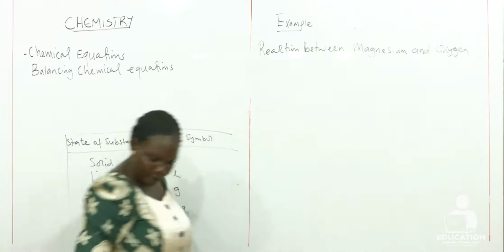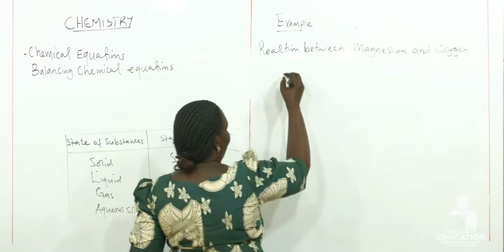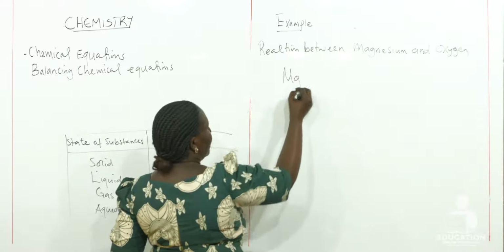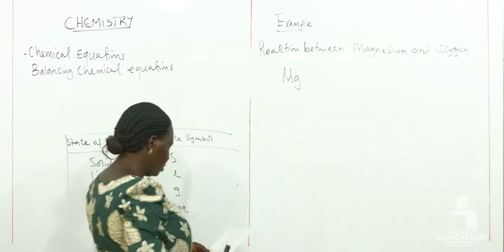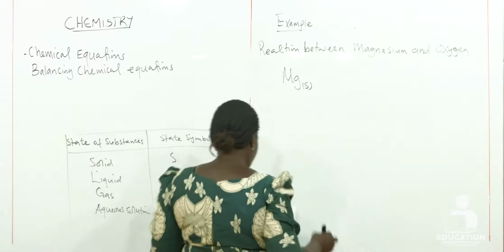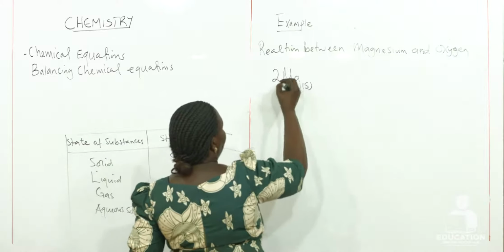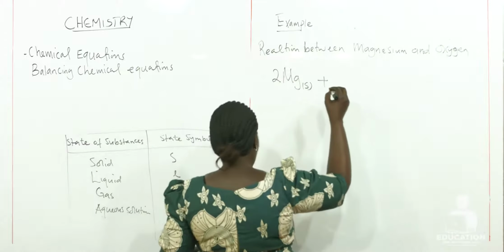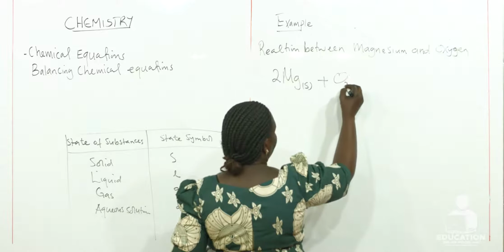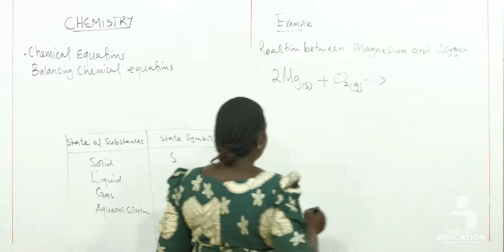Let us look at this example. We have magnesium. The symbol is Mg. The state of magnesium is a solid. We have 2 atoms of magnesium plus oxygen. The state is gas.